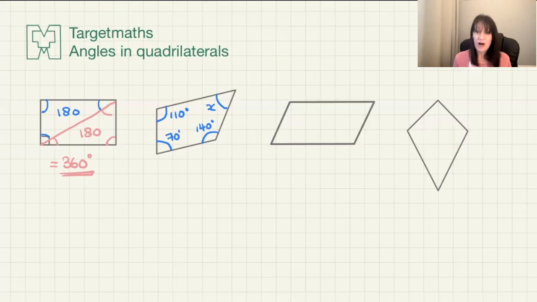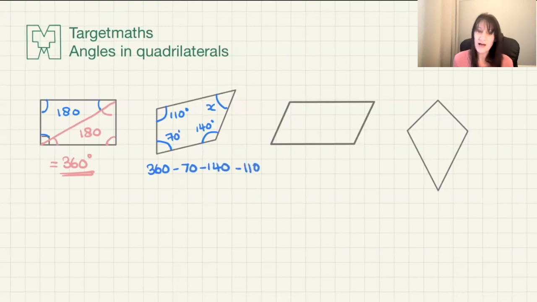To be able to answer that question, I have to be able to recall the fact about quadrilaterals, and that is they add up to 360. So to solve this question, I take the 360 that I know it must add up to, and I'm going to take away all of the angles I've been given.